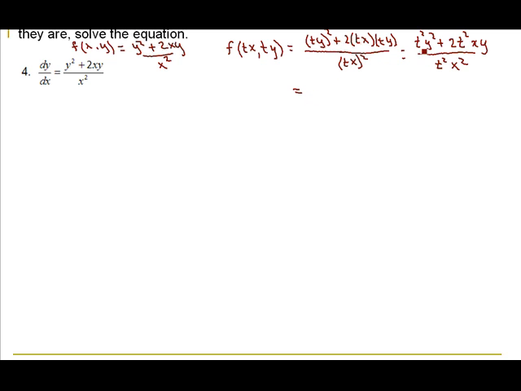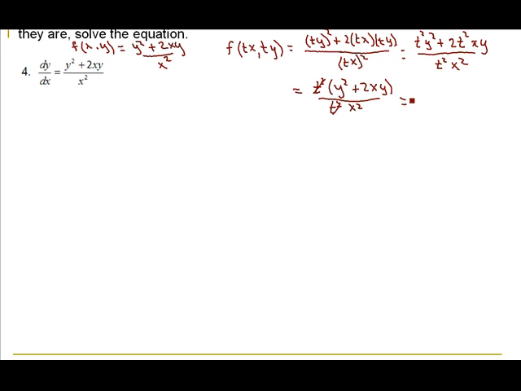And then notice that you have the t squared in common in the numerator. You could factor the t squared out to give you y squared plus 2xy. And in the denominator, you also have that t squared. And so you can cancel out these t squareds.